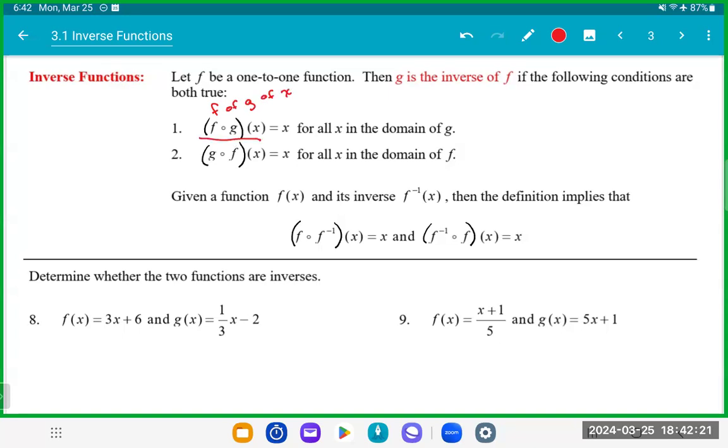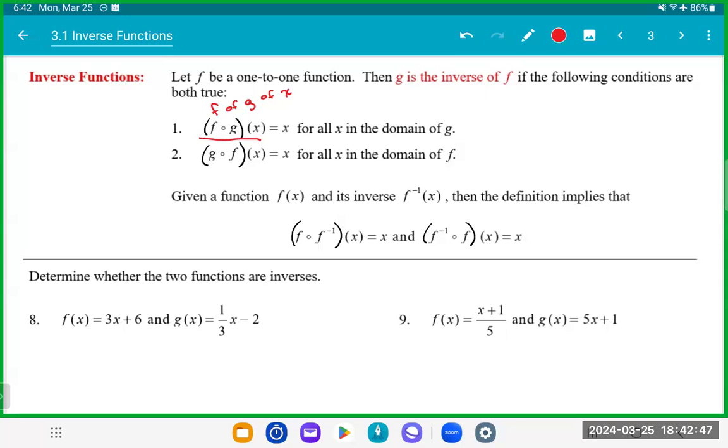And so when we're looking at that, if we want to determine if something is an inverse, I'll get an answer for f of g of x, and I'll get an answer for g of f of x.